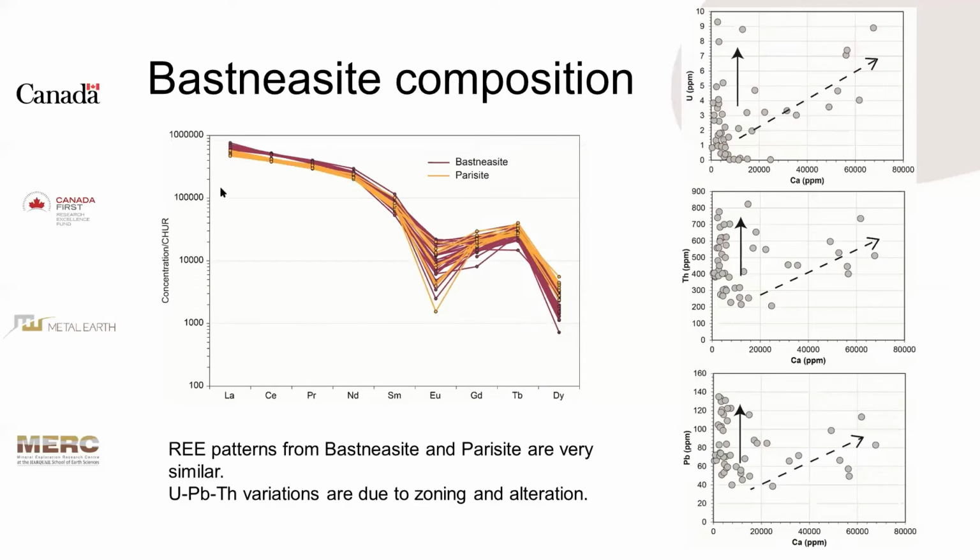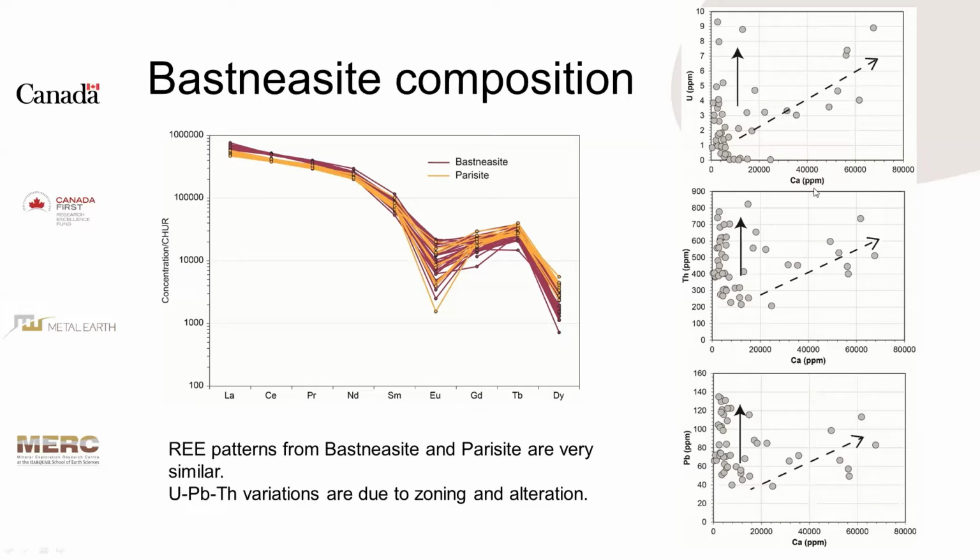So this is what you can see here with the rare earth pattern. It's very similar between the two. So we focus mainly on calcium to try to differentiate the two minerals. And we were thinking, well, since we want to date these minerals, is there a remobilization of uranium, lead, or thorium during these alterations?